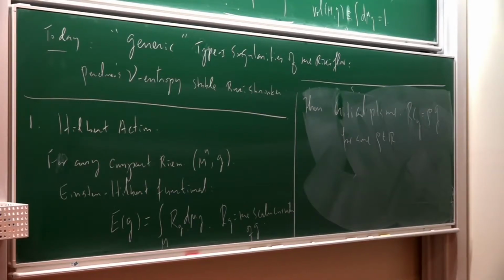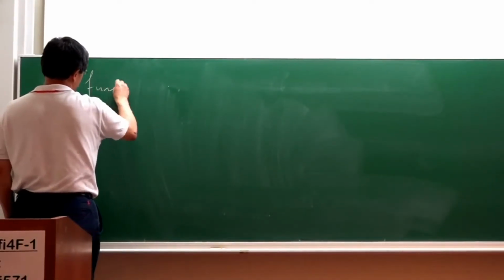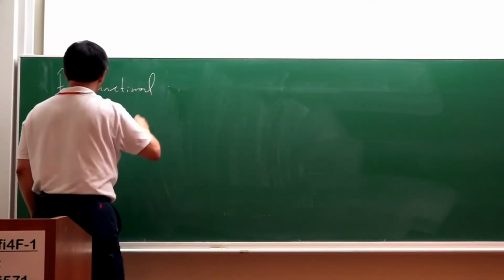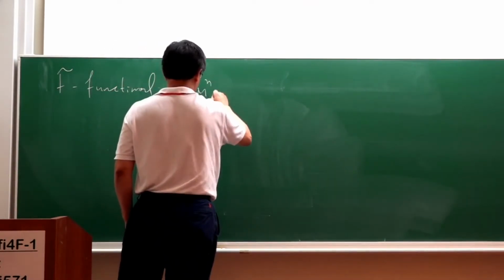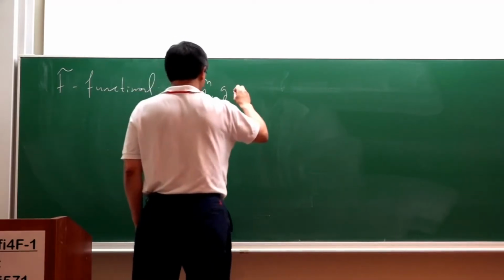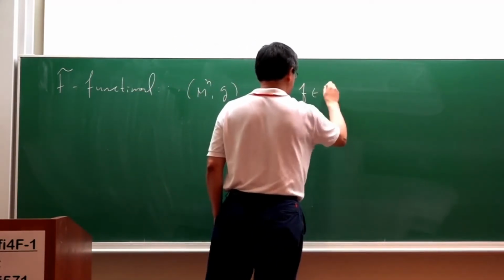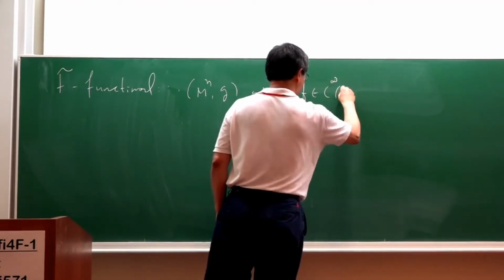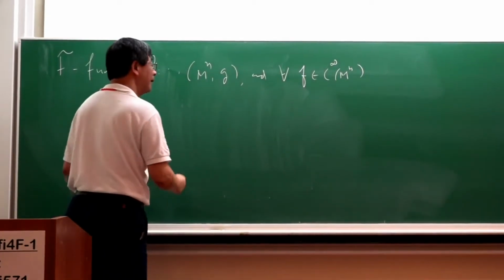Here is the well-known F functional. If we have M and G, and for any smooth function f, here just a general Riemannian manifold, right?